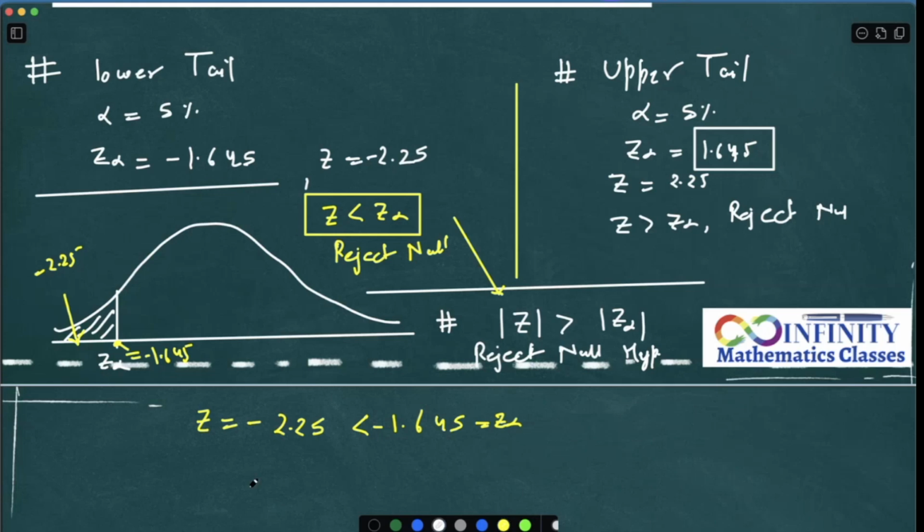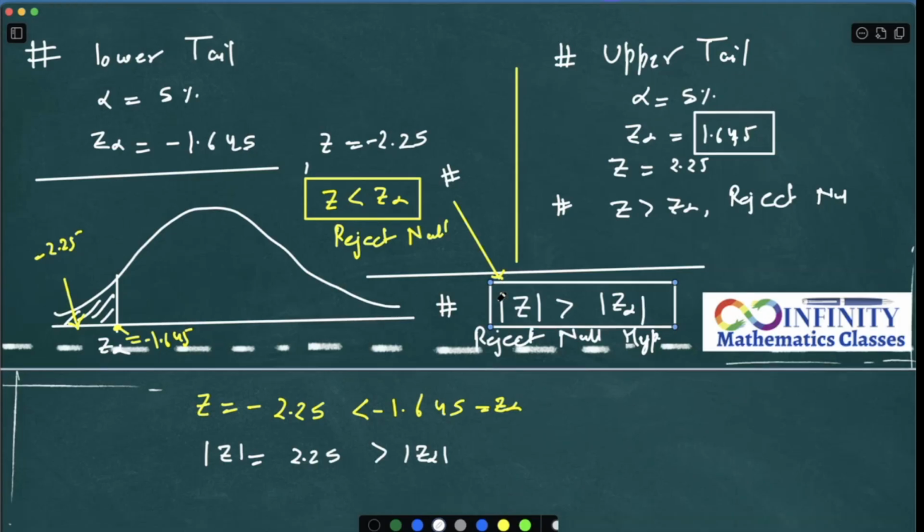Take the mode: the mode of Z is 2.25, which is bigger than the mode of Z alpha. So it is an equivalent condition. Either you use Z less than Z alpha for the lower tail, or Z bigger than Z alpha for the upper tail, or combinedly use the mode statement for both. It is either choice.